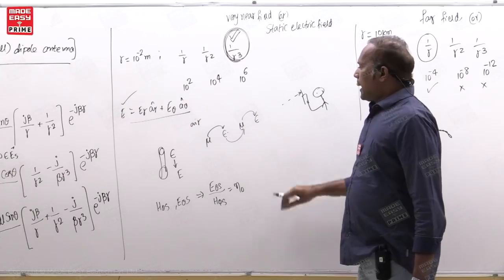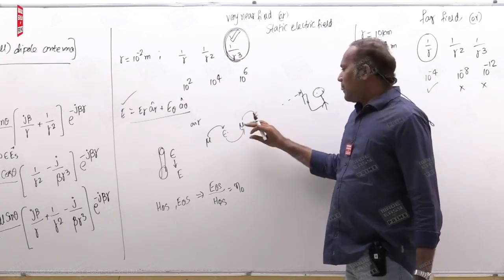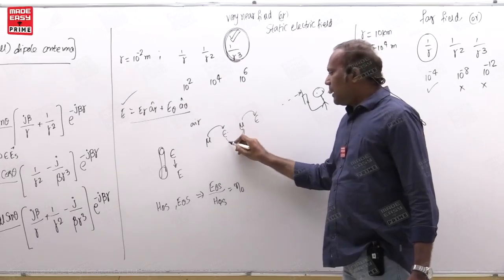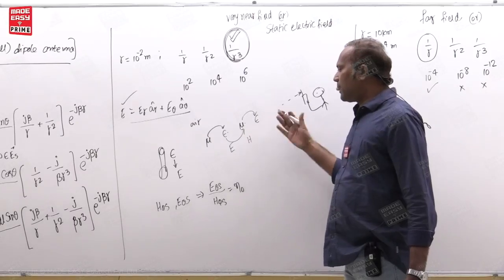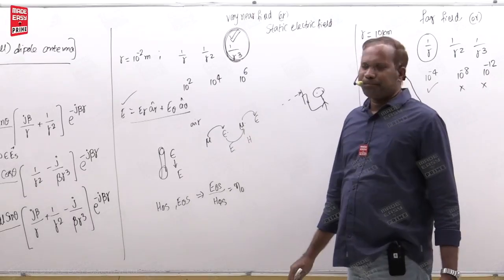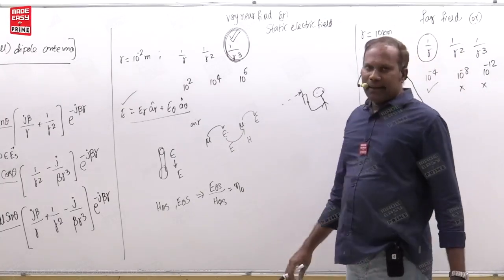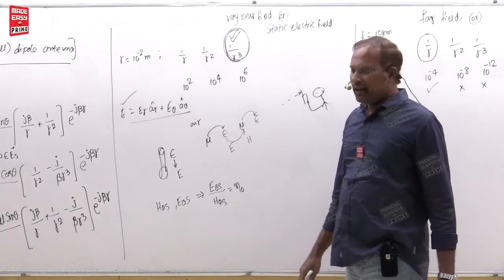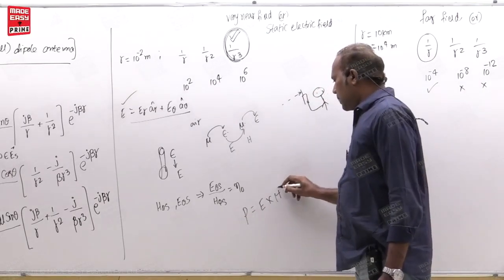So what is happening here? Radiation is happening. Epsilon means electric field, mu means magnetic field. E is converted to H, and they keep exchanging. That is called the radiation field. You can see here now, the Poynting vector is equal to E bar cross H bar.